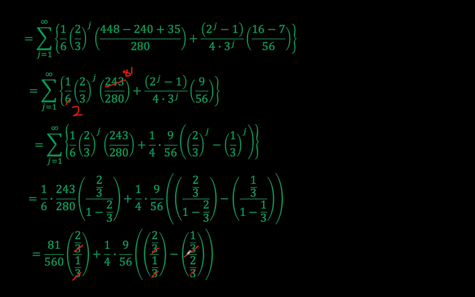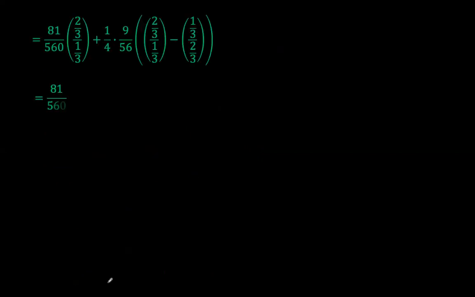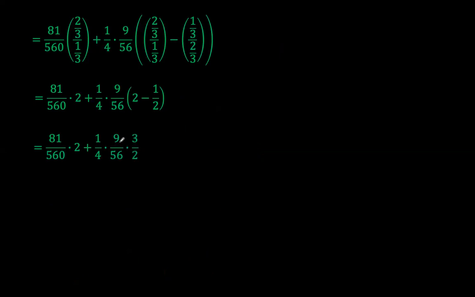So we have 2 minus a half times this, and then 81 over 560 times 2 plus a quarter times 9 over 56 times 3 over 2.